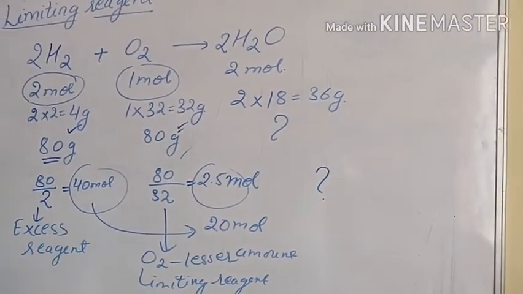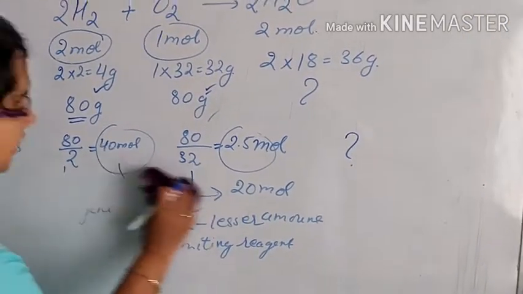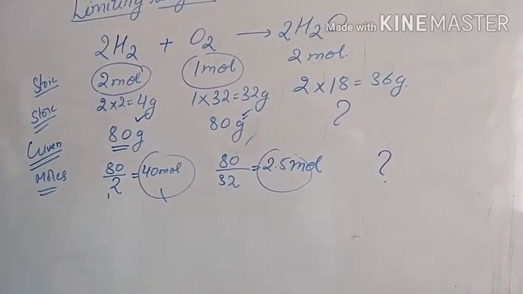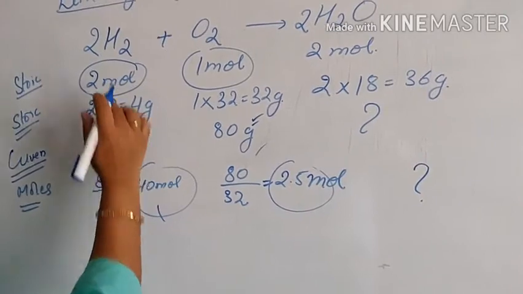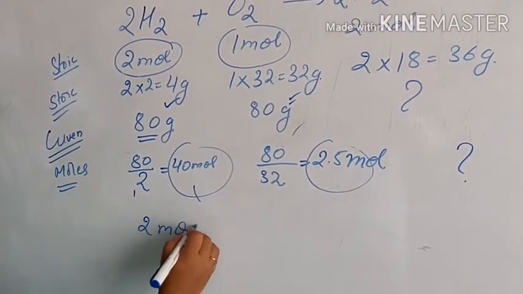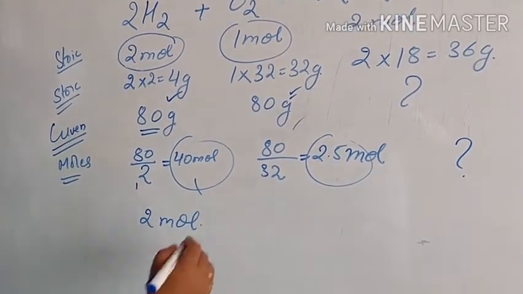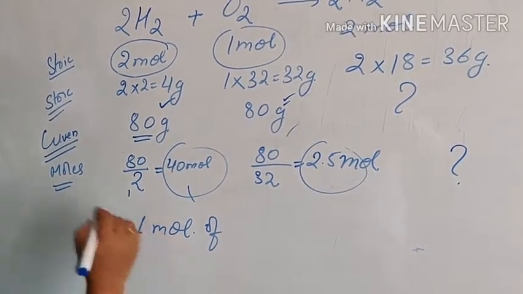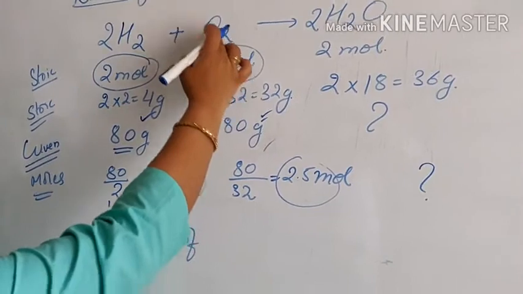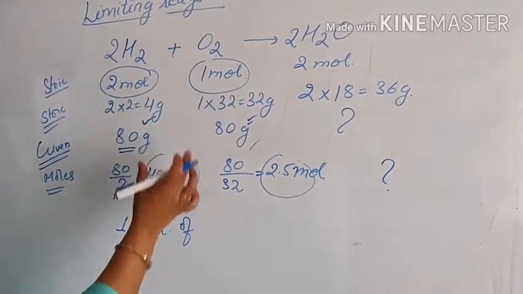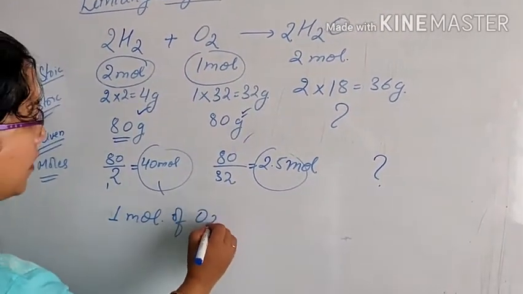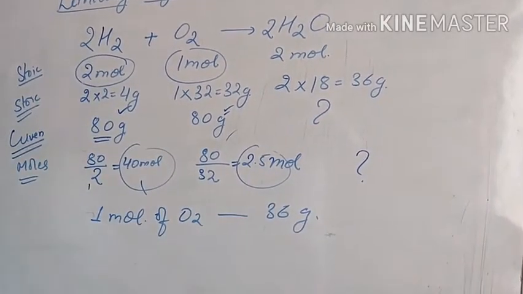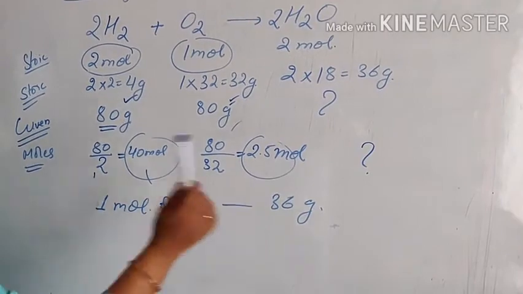So we can calculate this by applying again the unitary method. According to stoichiometry, as the limiting reagent is oxygen, we have to see oxygen. According to stoichiometry, 1 mole of oxygen produces 36 gram. We have to calculate the number of grams, so we are writing 36 gram.